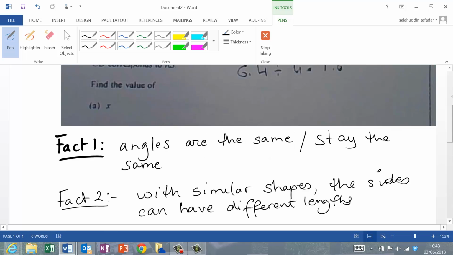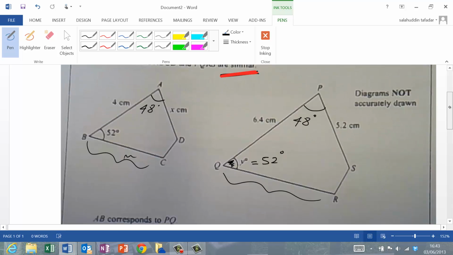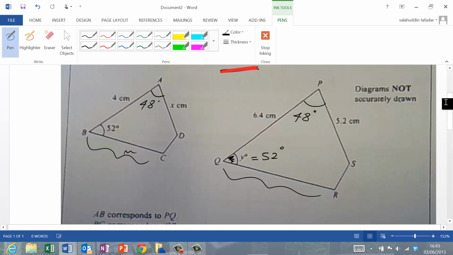Now, if you look at your shape here, you've got the side AB, which is 4 centimeters, and the side QP, which is 6.4. We call these two corresponding sides because this side on this shape is the same as this side on this shape.